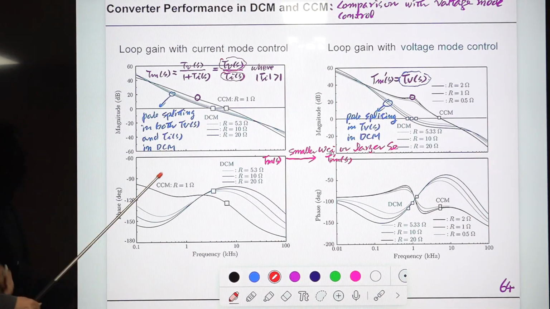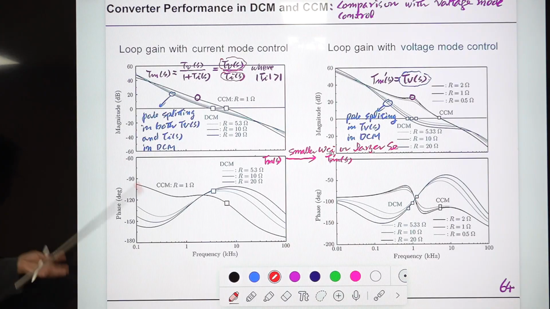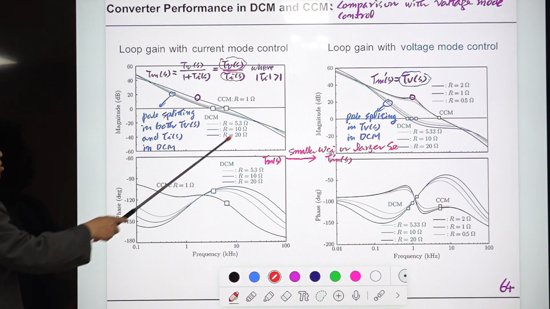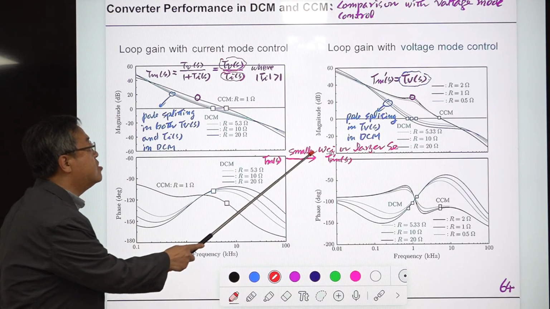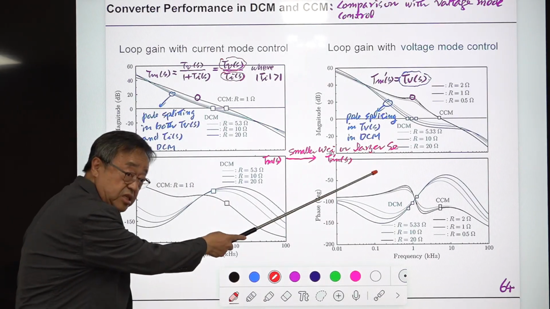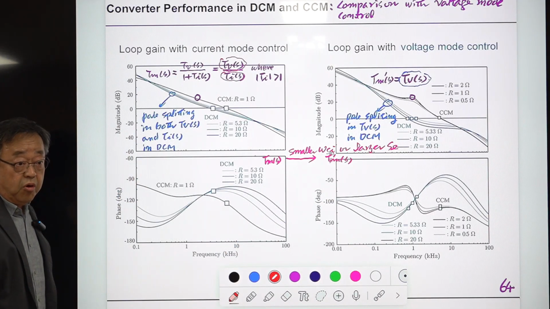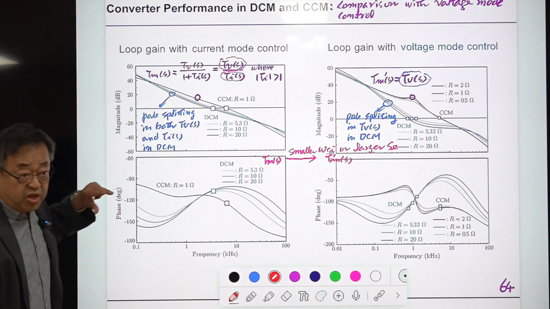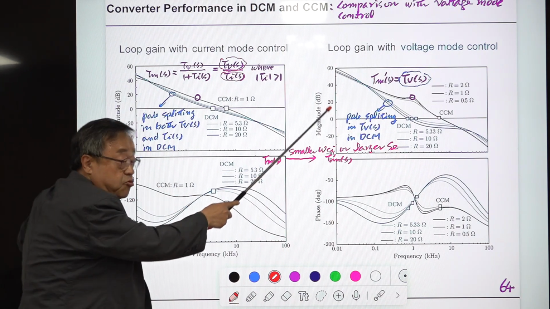If you intend to design current mode control and you successfully design your controller, then you will see this kind of behavior. But if somehow you reduce this omega Ci by increasing this S_E, that goes in the direction of voltage mode control, and everything becomes very similar to this.